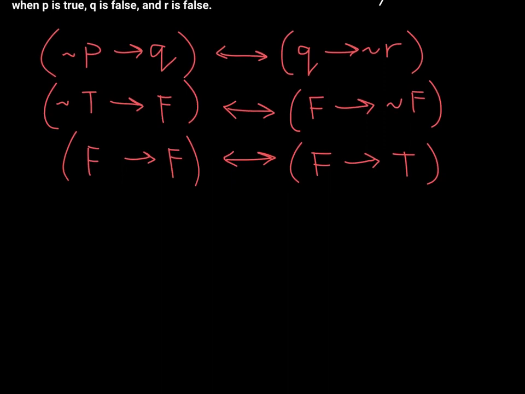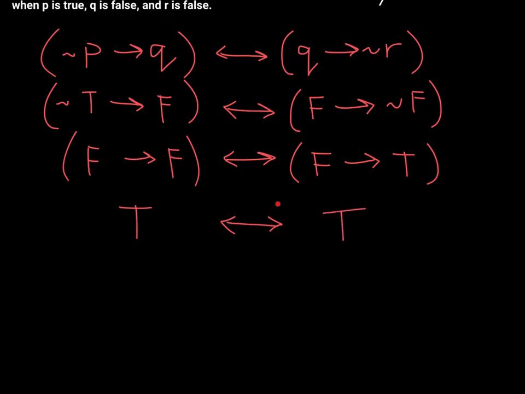Now, remember that a conditional statement is true in every single case, except for when the antecedent is true, which it's not, and the consequent is false. Therefore, this is a true statement. And then the same thing here. This is false, this is true. The only time this is false is when the antecedent is true and the consequent is false. So therefore, this is true as well.